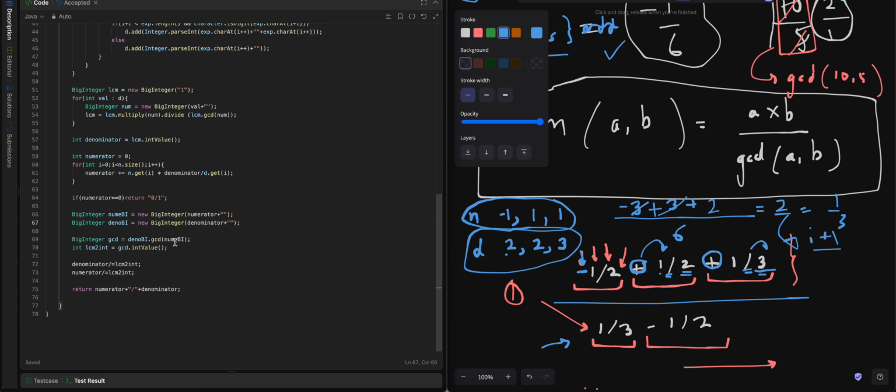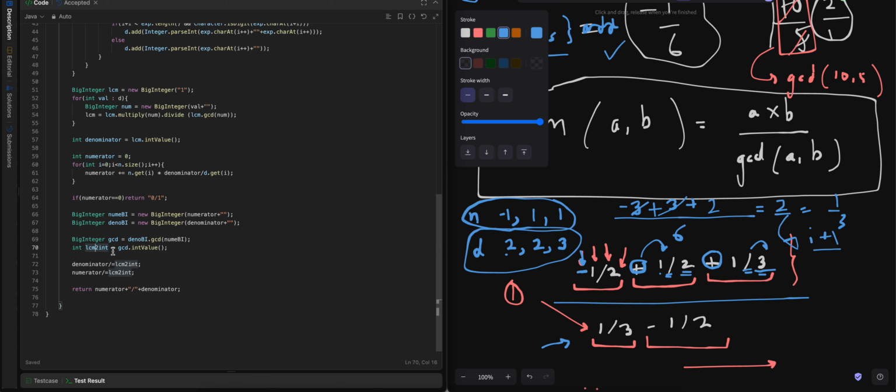Again in Java we have to convert to big integers, so I converted both numerator and denominator to big integers, and then we calculated the GCD of both.